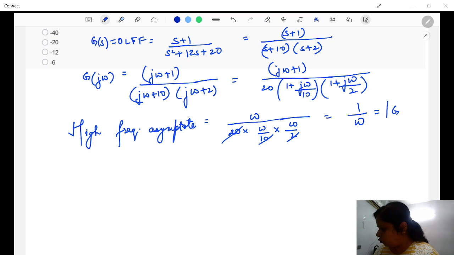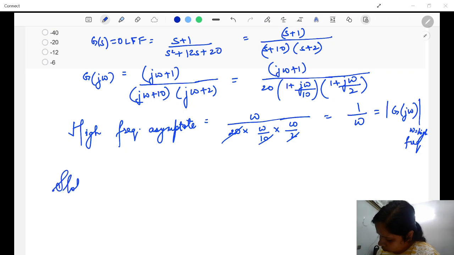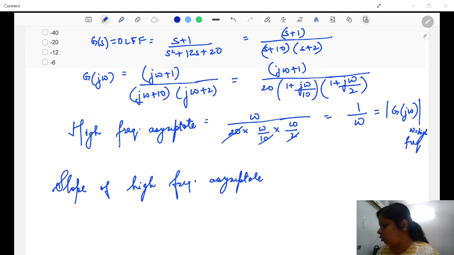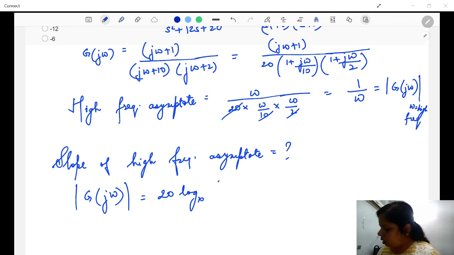So this is the magnitude of G of j omega at high omega, that is, high frequency. Now we want to find out what is the slope of the high frequency asymptote. How do we define it? If we write this in decibel form, it would be 20 log of 1 upon omega, which is equivalent to minus 20 log 10 omega.